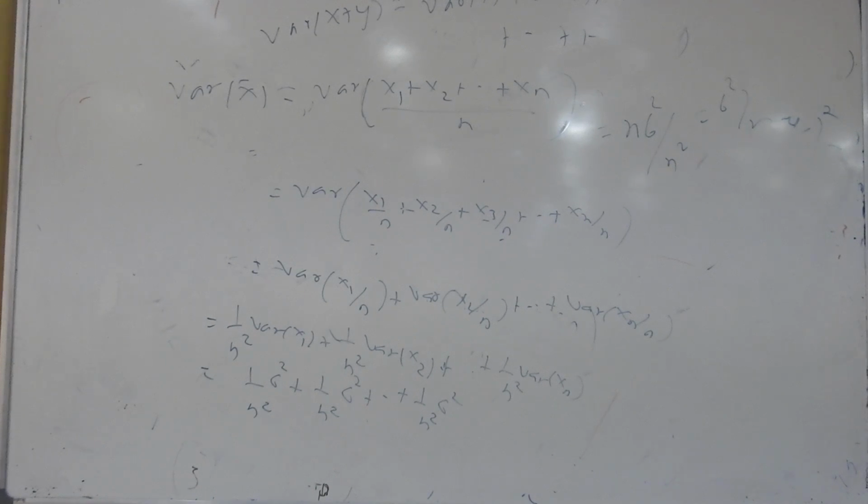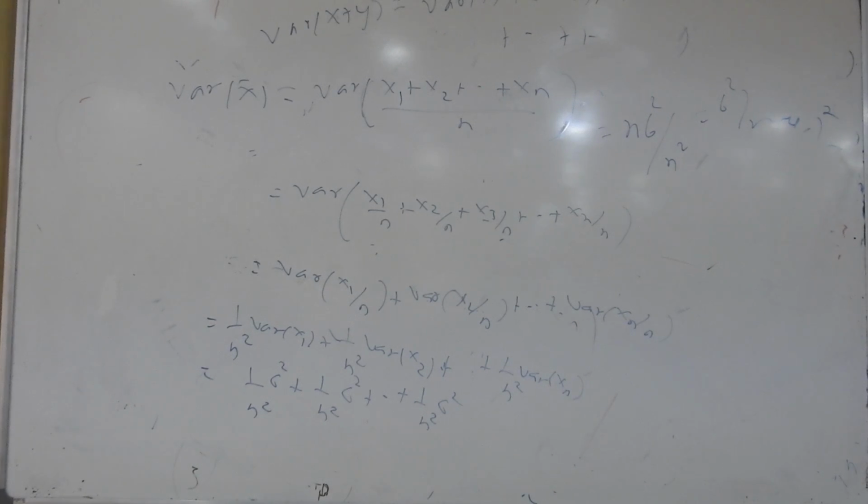But if I pick x1 plus x2, then x1 is one bit of information about the population mean and x2 is another bit of information about the population mean. So x1 plus x2 has twice the information about the population mean. So its variance will be half the population variance.